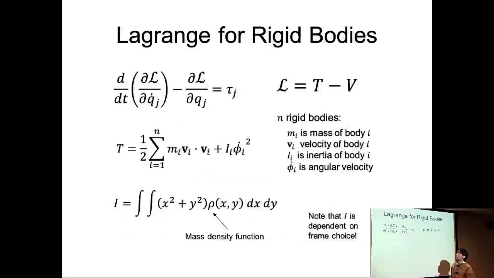So now let's go to the Lagrangian for the system that has rigid bodies. Lagrange's equations have the same form, except your kinetic energy is not only 1/2 mv squared, but you're also going to have a contribution due to the rotational kinetic energy. It'll be 1/2 moment of inertia times angular velocity squared. Recall that the moment of inertia has this form here where you're given the mass density, how the mass in your system is distributed.